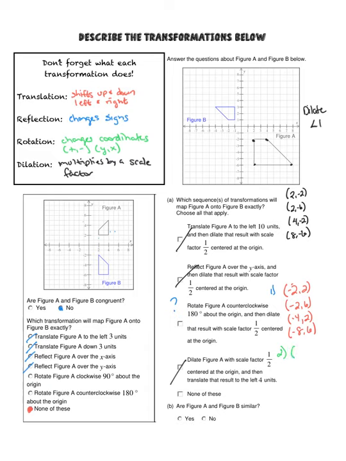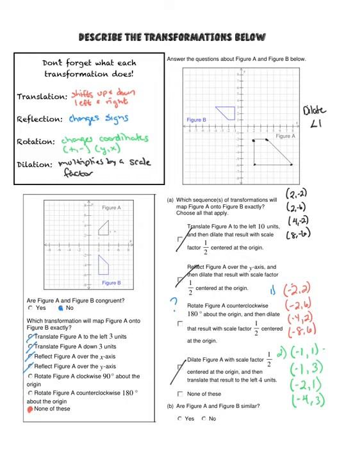-2 times 1/2 is -1. 2 times 1/2 is 1. 6 times 1/2 is 3. Then I get (-2, 1) and (-4, 3). Everything was multiplied by 1/2. So if this works, rotating figure A counterclockwise 180 and then dilating by 1/2, these coordinate points will match.